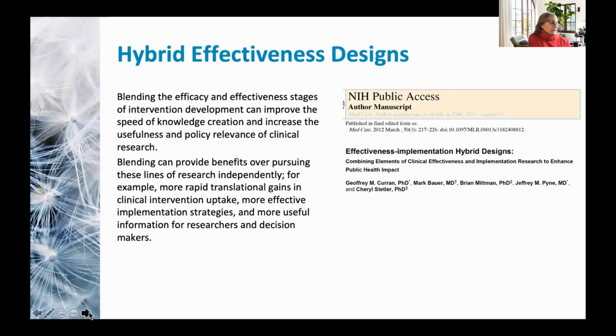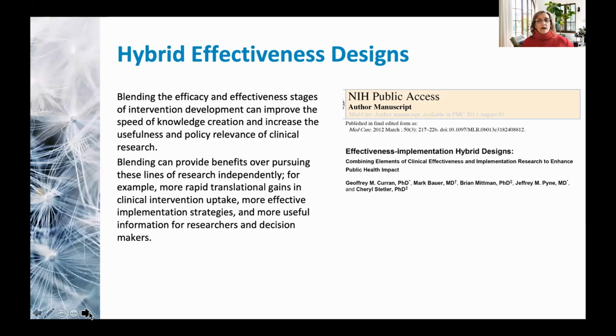So very quickly, a couple of other things you might want to know about hybrid effectiveness designs. Over time, we've learned that it's not very efficient to section out the efficacy and effectiveness studies clinically from the implementation studies that happen later.